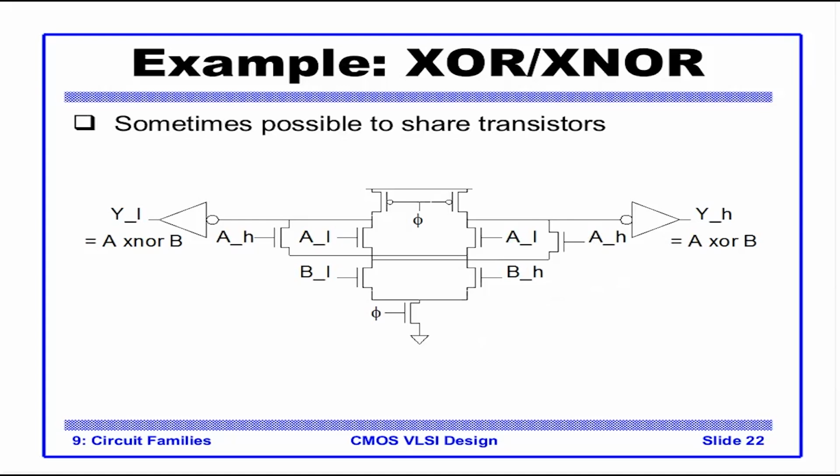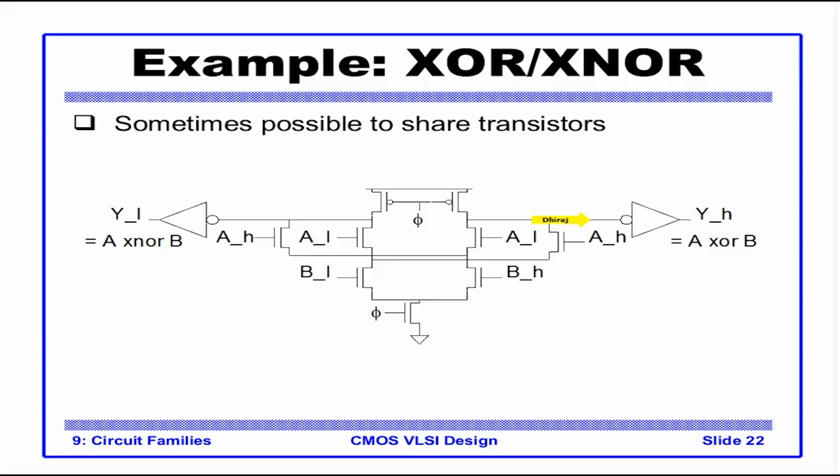for XOR, now XOR is very interesting again. You see that it shares transistors. So A XOR B: you have A ANDed with B invert, plus A invert ANDed with B. Since it's a pull down network, we have to have the complement of that.